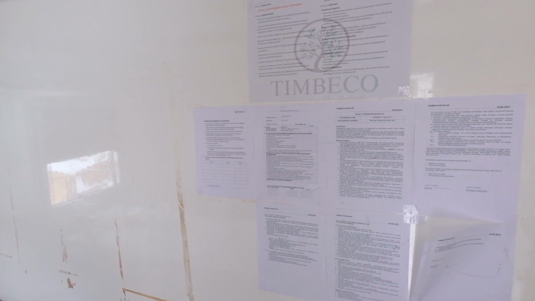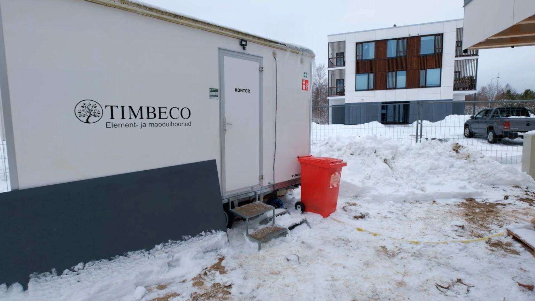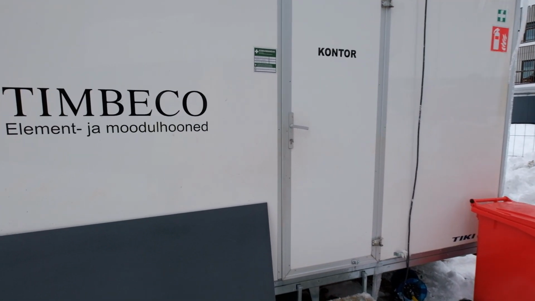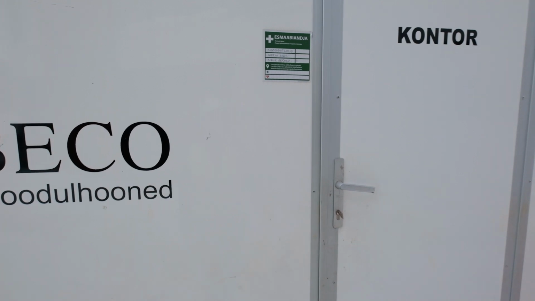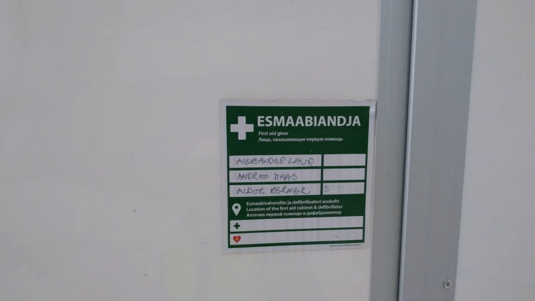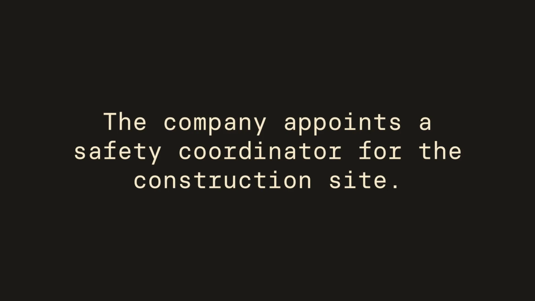A personal safety declaration is completed and signed. First aid providers are designated, with at least 2 required, and a person responsible for environmental safety. All workers must know how to act in an emergency, where to go, whom to notify. The company appoints a safety coordinator for the construction site.